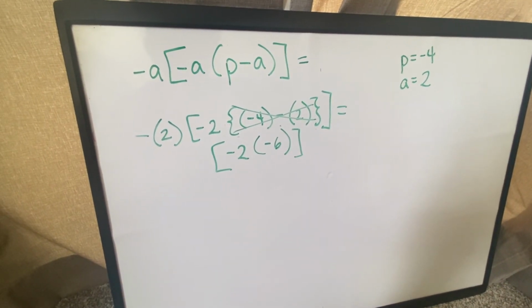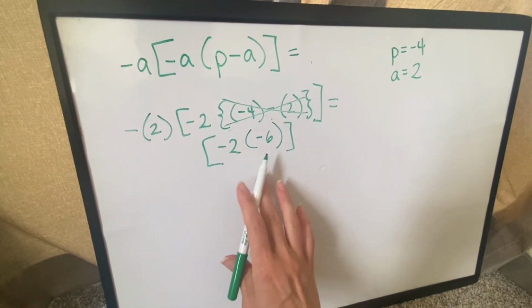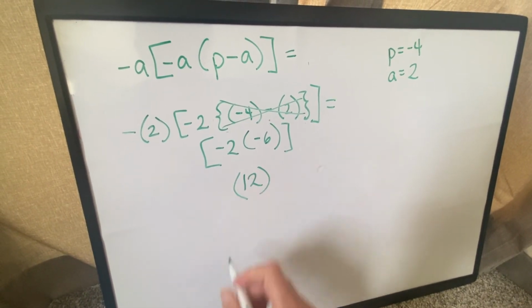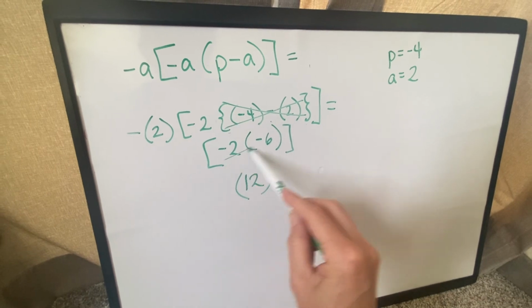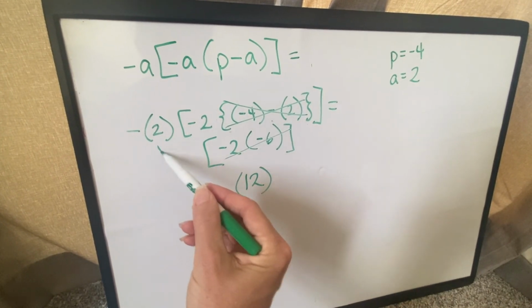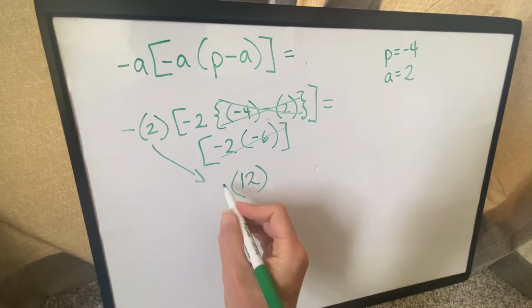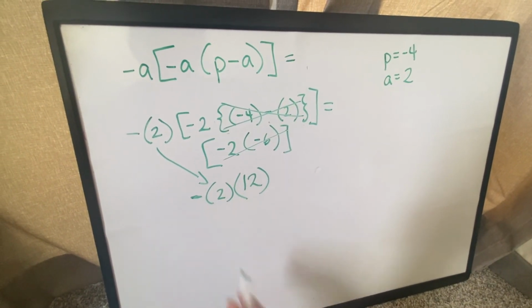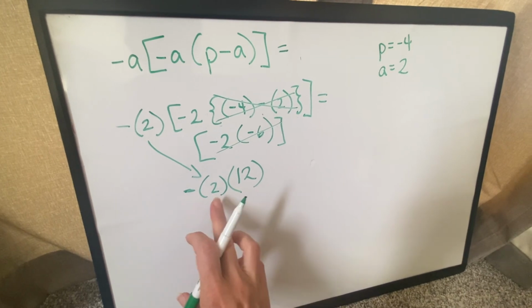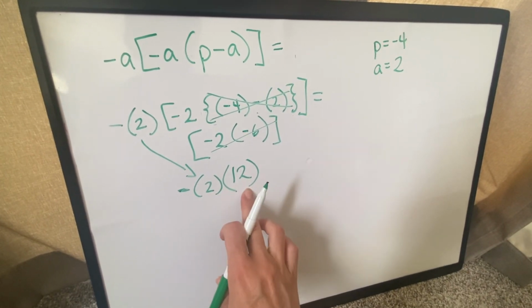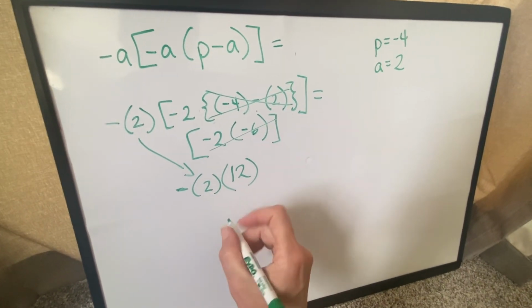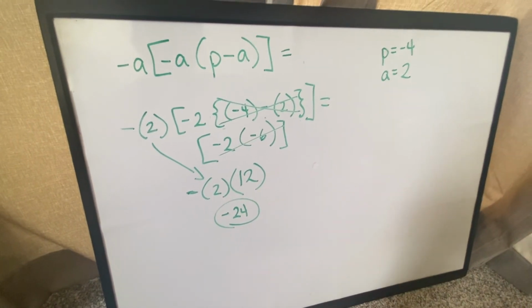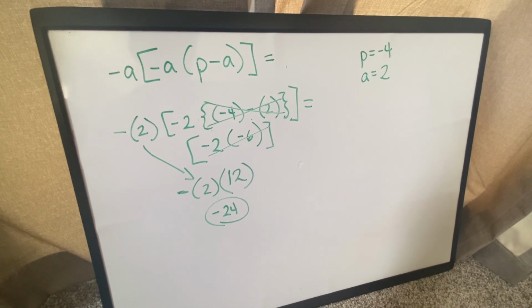So now we have a -2 times a -6, which is a 12. Just put that right there, so that's done. But we also have to not forget that we have this 2 here and our negative sign here. So -2 times 12 is -24. So the answer should be -24.